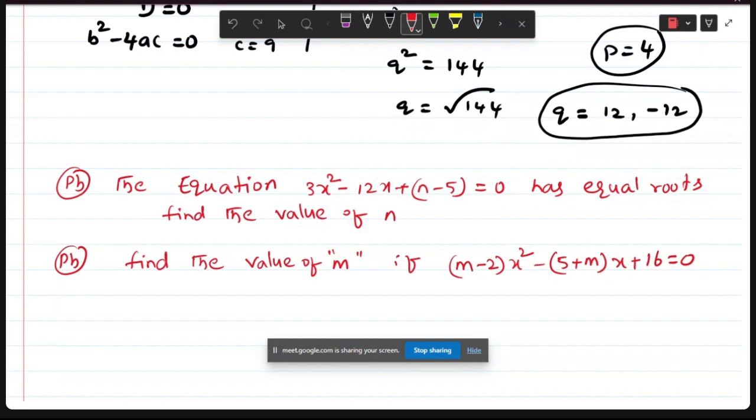Okay. What is the answer? n value is 19.